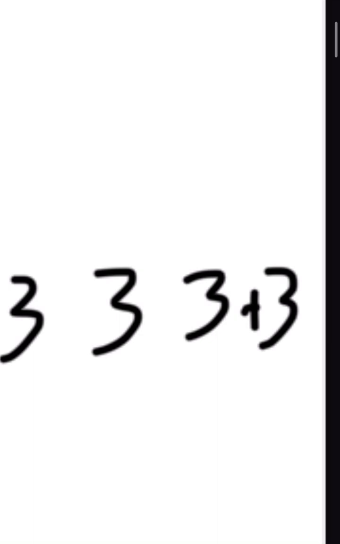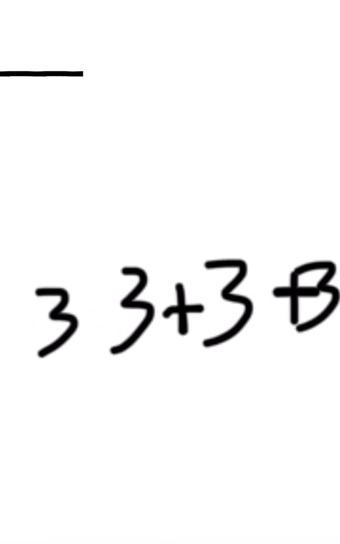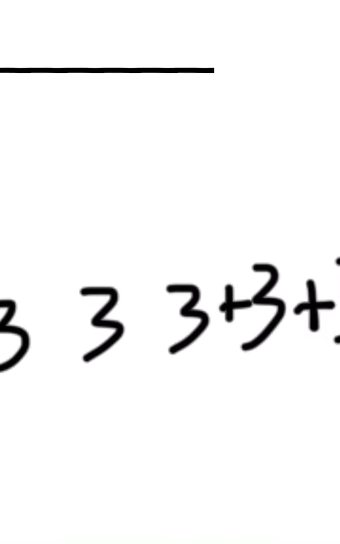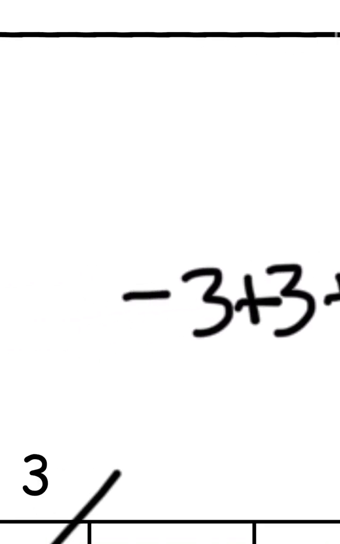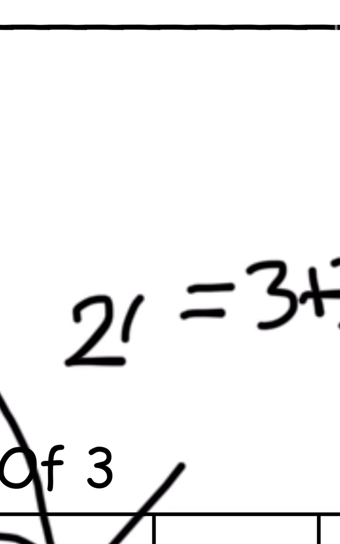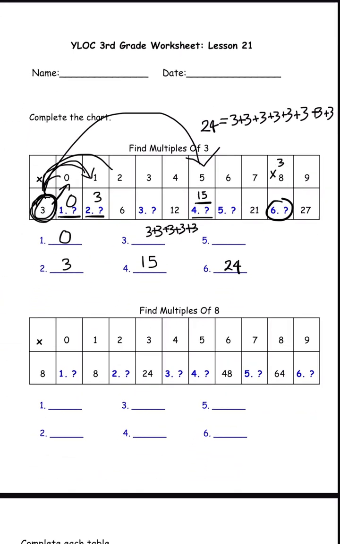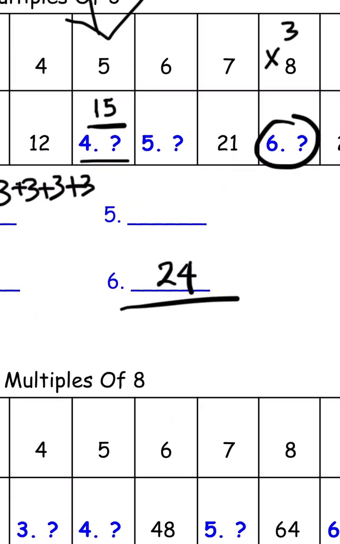So there's going to be 8 of them: 1, 2, 3, 4, 5, 6, 7, and 8. And if we add all of them, we're going to get 24. So number 6 is going to be 24.